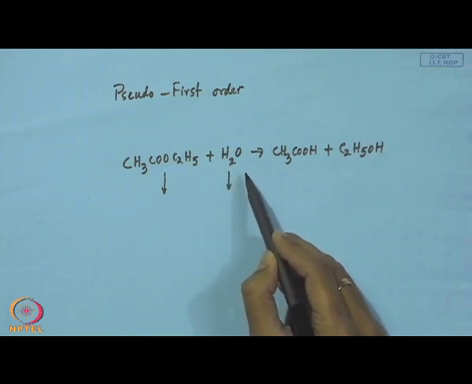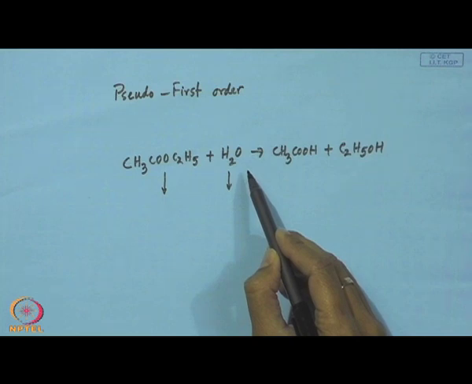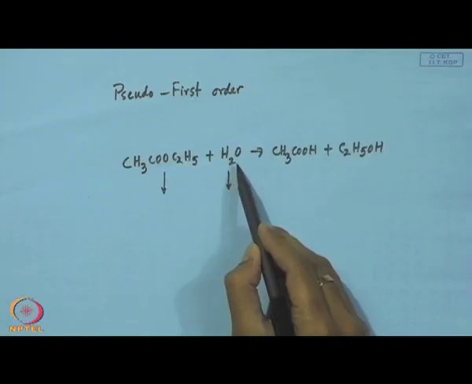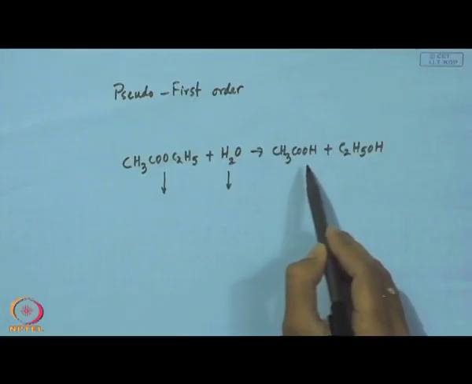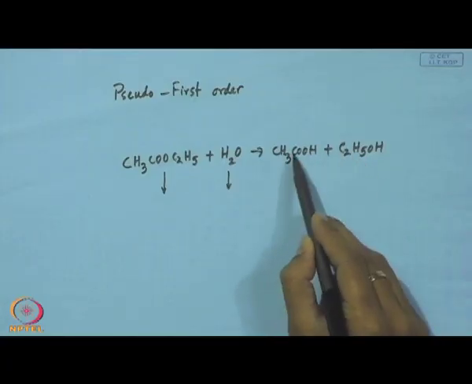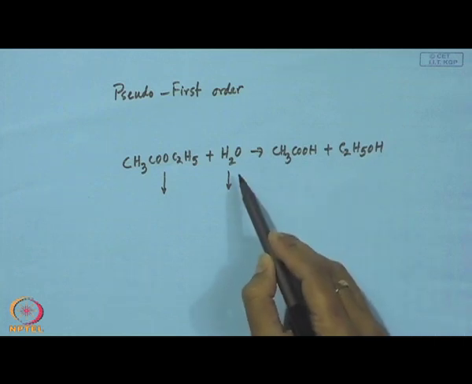Suppose we have used 100 ml of water and put 1 ml of ethyl acetate. All 100 ml of water will virtually remain 100 ml, although very little water will be used up to decompose this one, but virtually the water concentration will not change.